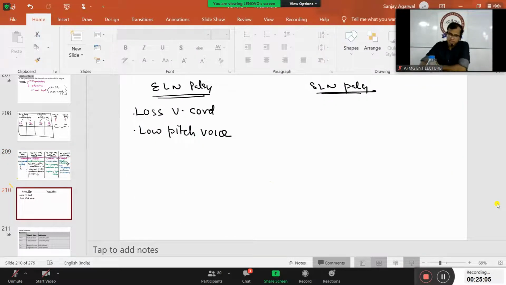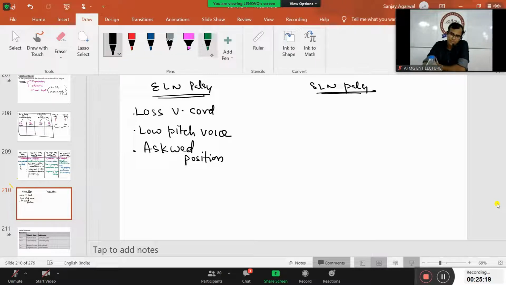And there's one more thing here, just remember there is a position called aspirate position. In external laryngeal nerve palsy, these are the three things that you will get. And finally, what is the problem with superior laryngeal nerve palsy?